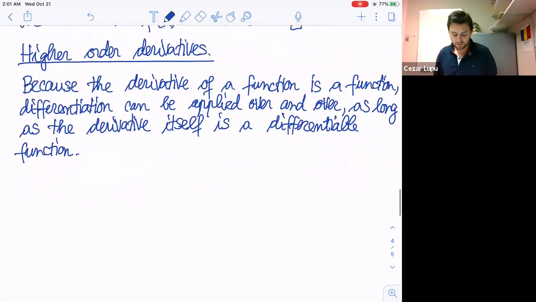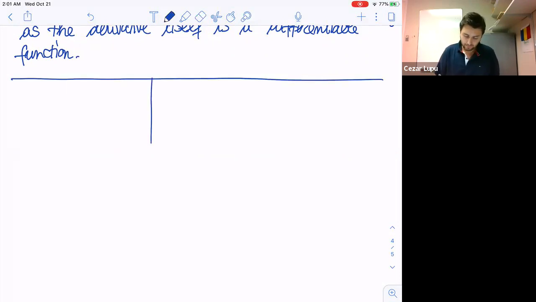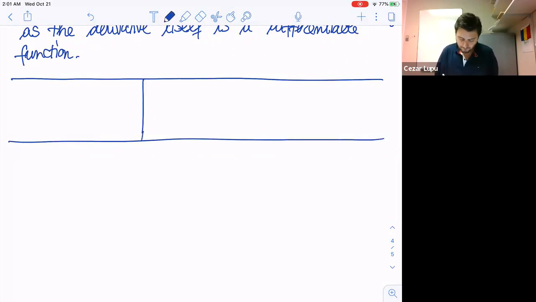Let me draw the following chart. So here we will say derivative, and here we'll talk about notations.